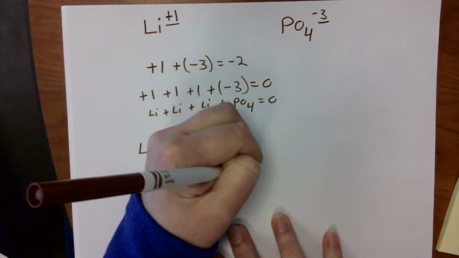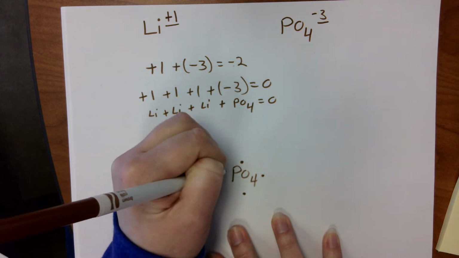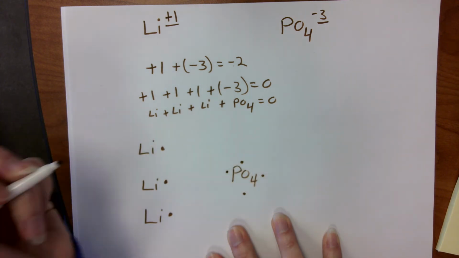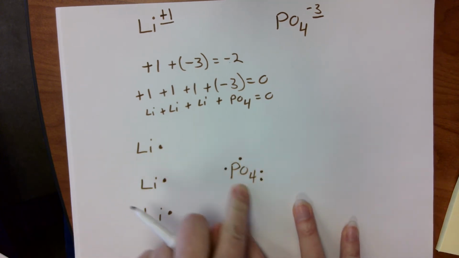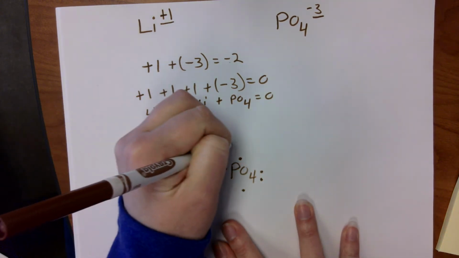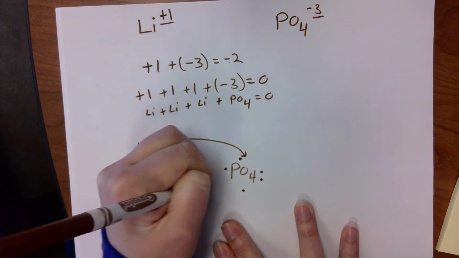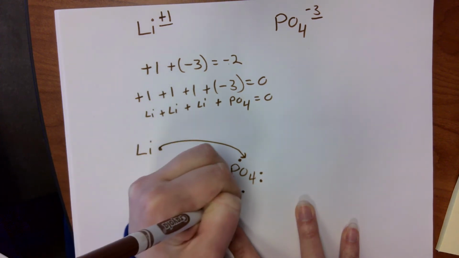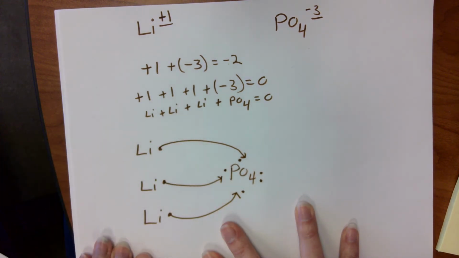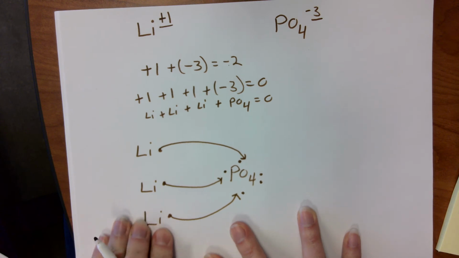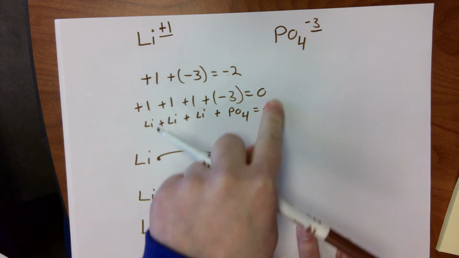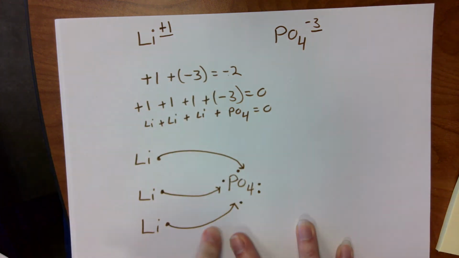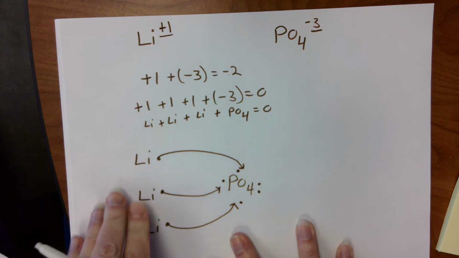So phosphate essentially looks like this generally, and lithium, each of them is giving phosphate an electron. Okay, that's essentially what's happening here. This is how I figure out how many lithium I need with charge math. This is how you figure it out with a Lewis dot structure.